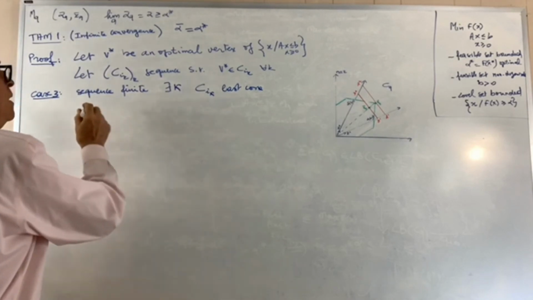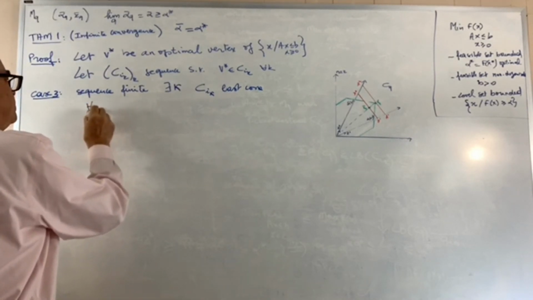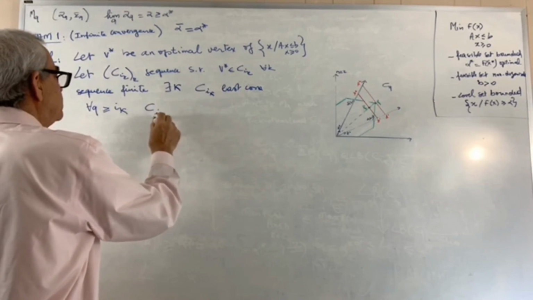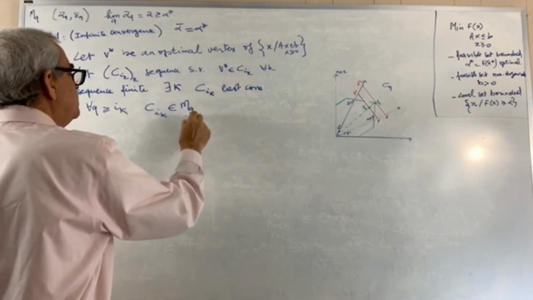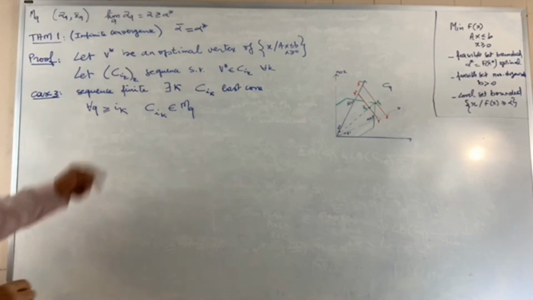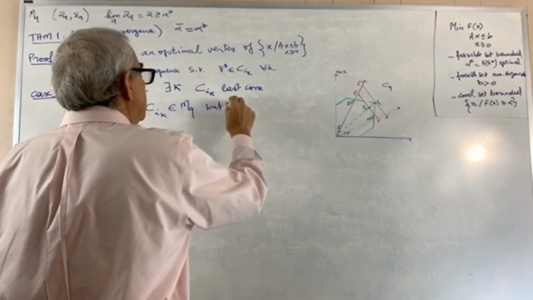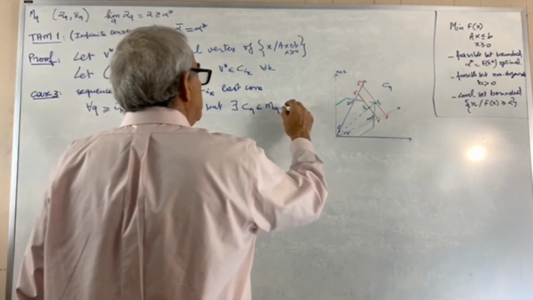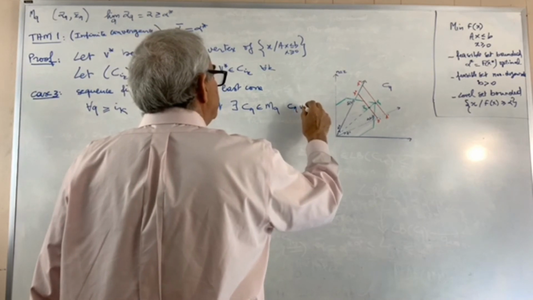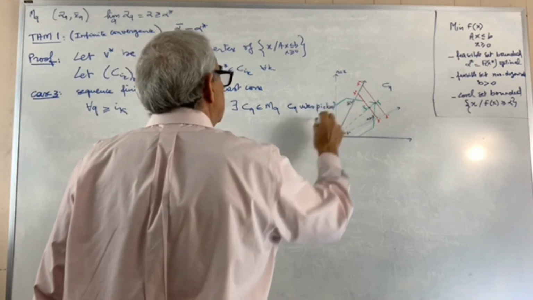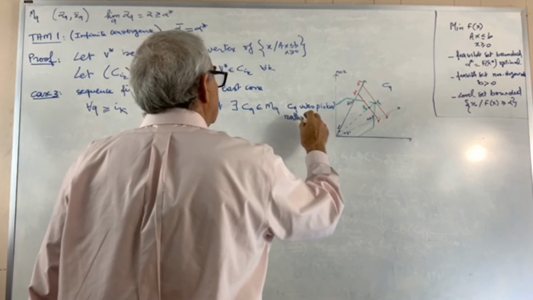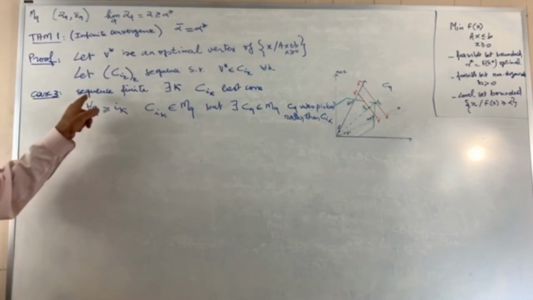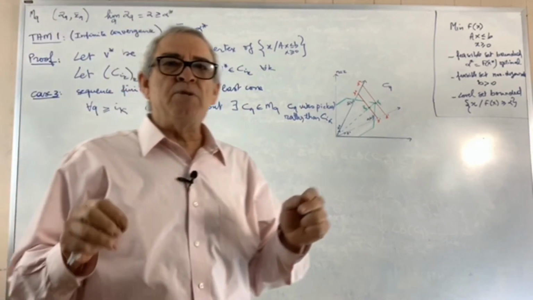That means that for every Q greater or equal to I big K, Cik belongs to MQ, but there exists another cone CQ belonging to MQ, and CQ was picked rather than Ci big K. Okay, so this sequence is finite not because the maximum in the LP was less or equal to 1.